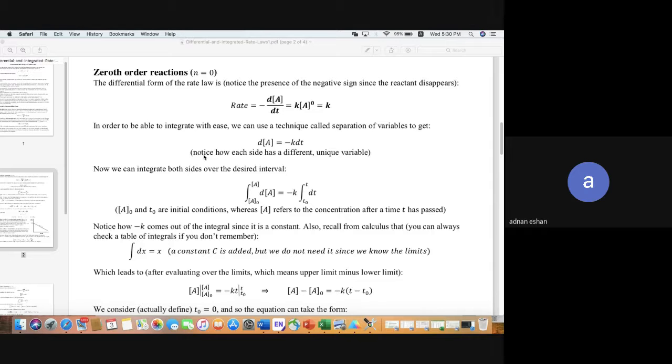After integrating, we find minus k, and the limits have changed, so the lower limit becomes t naught and the upper limit becomes t, and after integrating dt we find t.